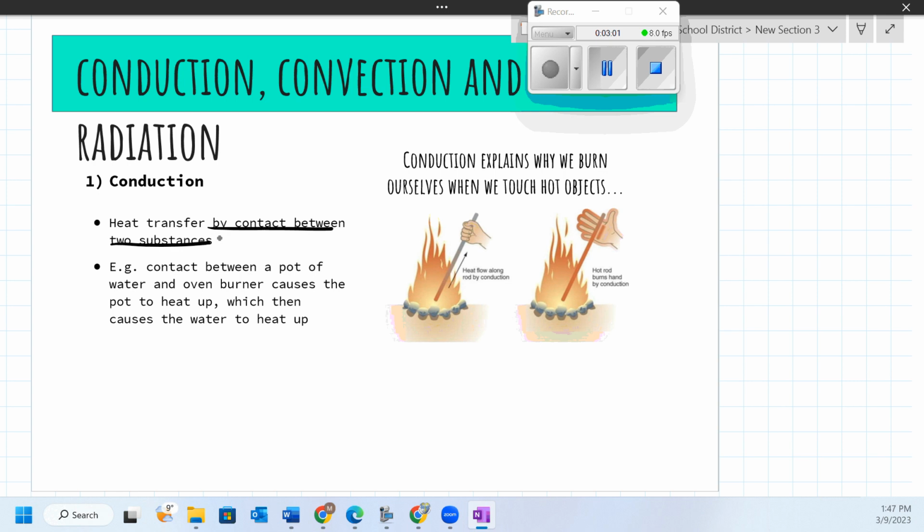We talked about how heat is the result of the particles in matter moving and vibrating, and the more movement and vibration they have, the higher the heat the object possesses. So the particles in object A, which is hotter than object B, have higher heat.